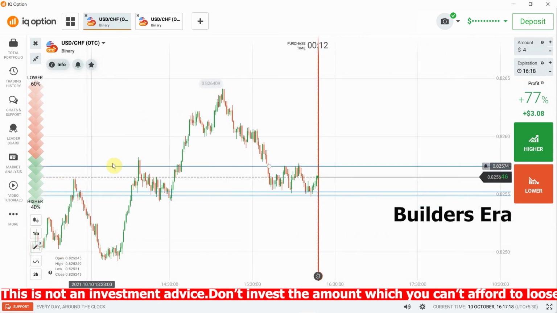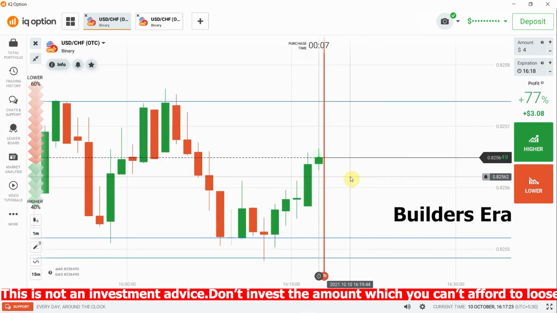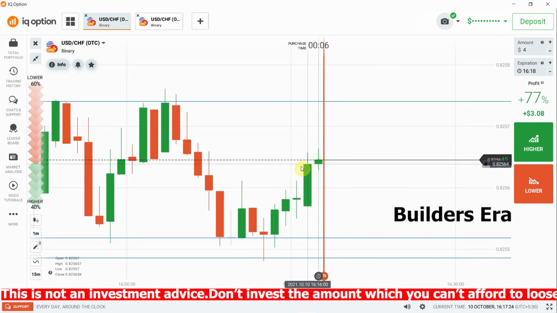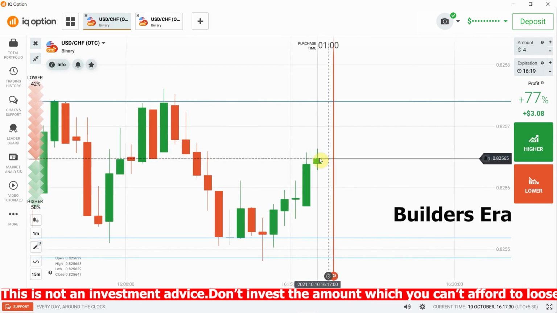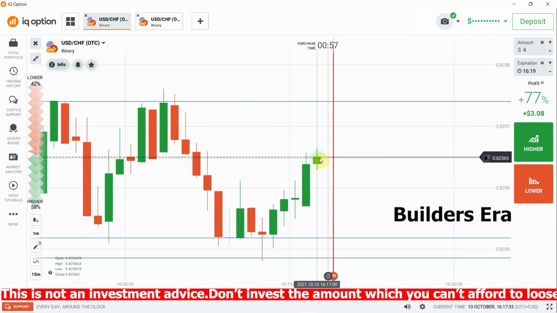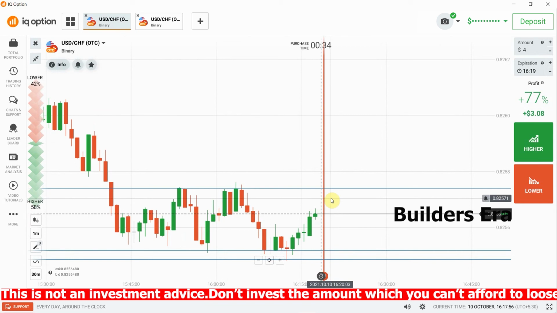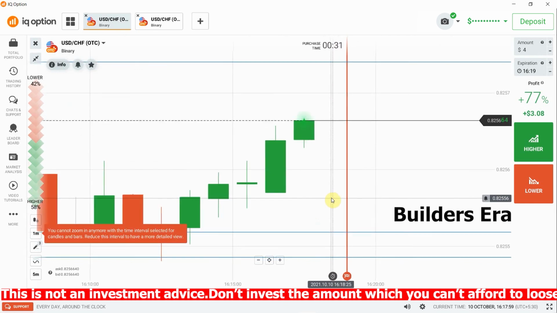So based on this rejection and pressure and this gap to the resistance, we can go with buyers for 1 minute, because we have strong confidence with buyers. So I am going for a 1 minute higher option, and let's see what the result will be.